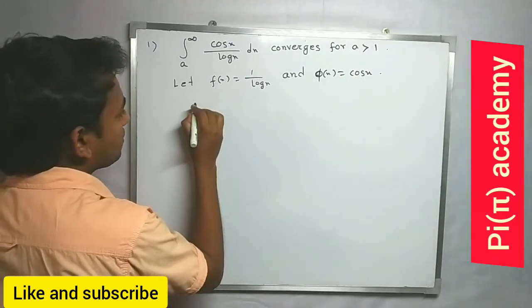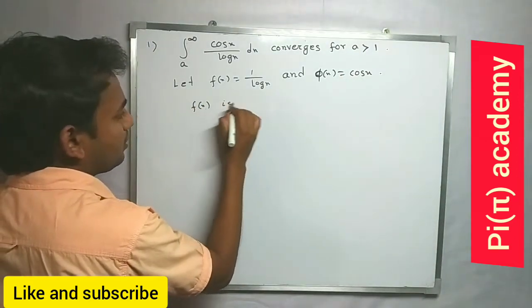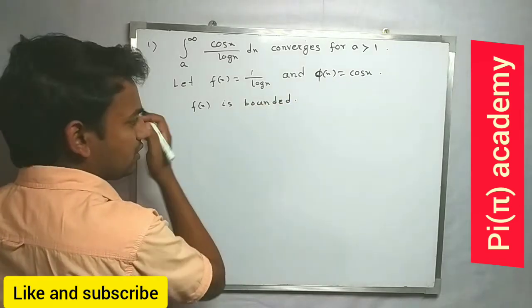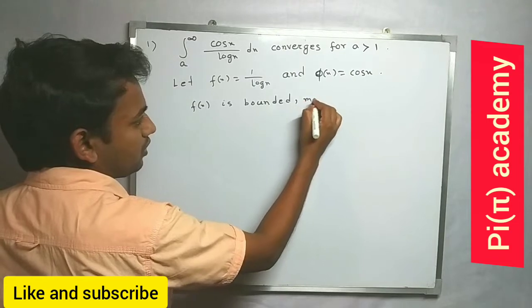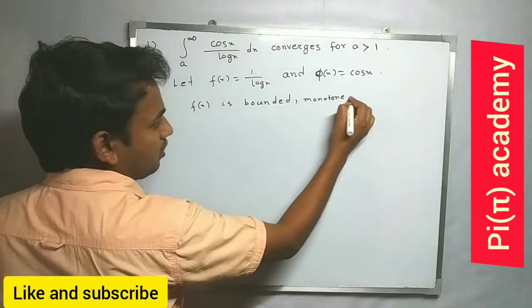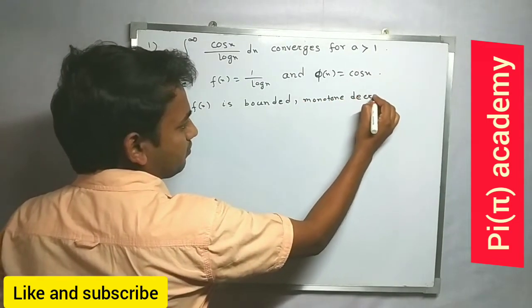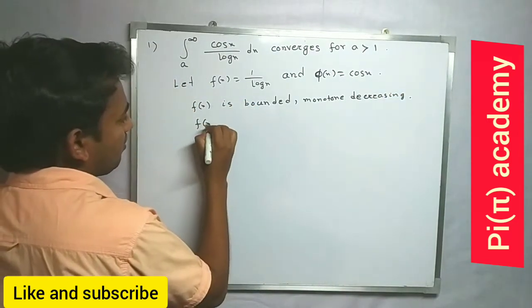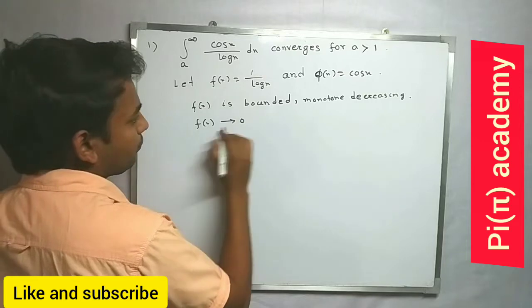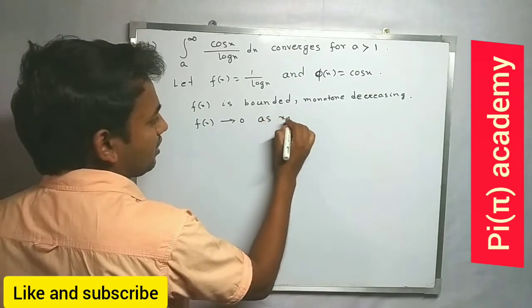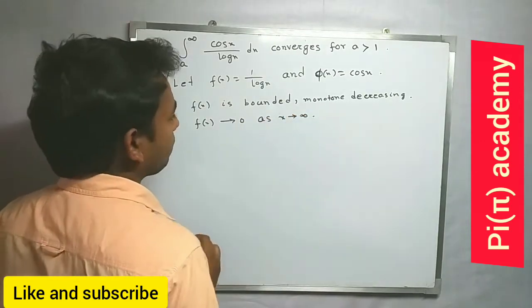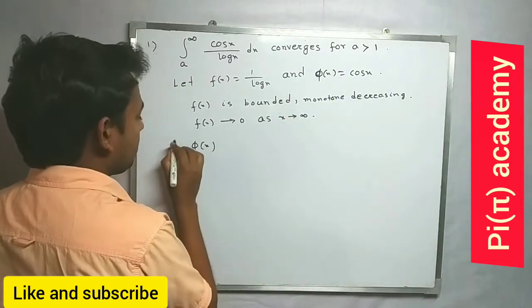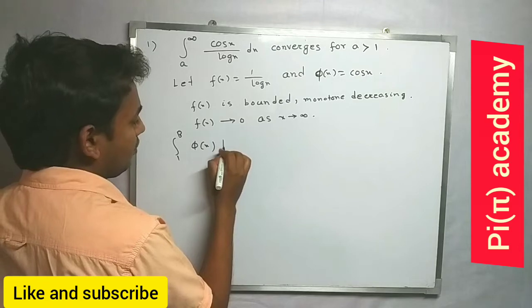Clearly f(x) is bounded and monotone decreasing, and also f(x) tends to 0 as x tends to infinity, and the integral from 1 to b of phi(x) is bounded.